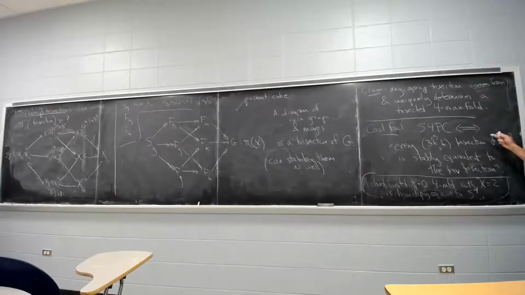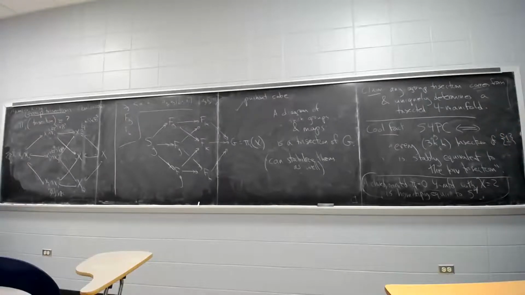So therefore, whatever four-manifold you're producing from such a thing is homotopy equivalent to S4, and you want to prove it's diffeomorphic to S4. If you prove the group trisection is stably equivalent to the trivial one, then you're simultaneously proving that the trisection of the four-manifold is stably equivalent to the trivial trisection, which has to be a trisection of S4.